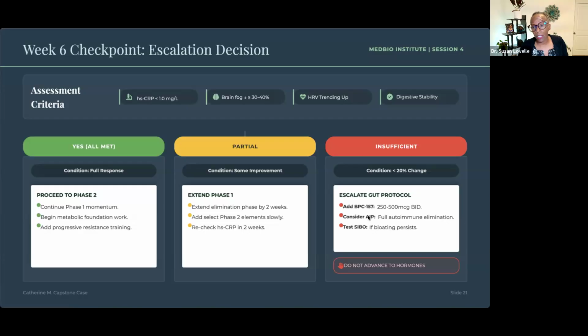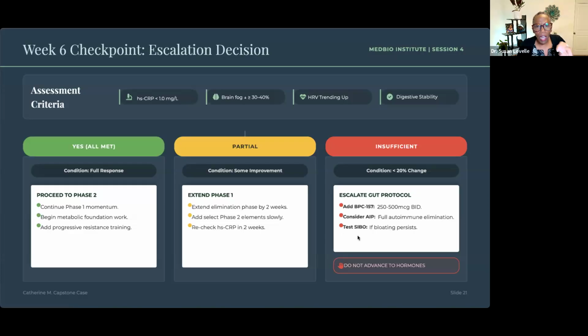Well, you can consider an AIP for nutrition, which is a lot more narrow, but it has a very good and well studied response to autoimmune conditions. You can start thinking about adding peptides that are made specifically for inflammation and or gut health. And you could also test for SIBO.